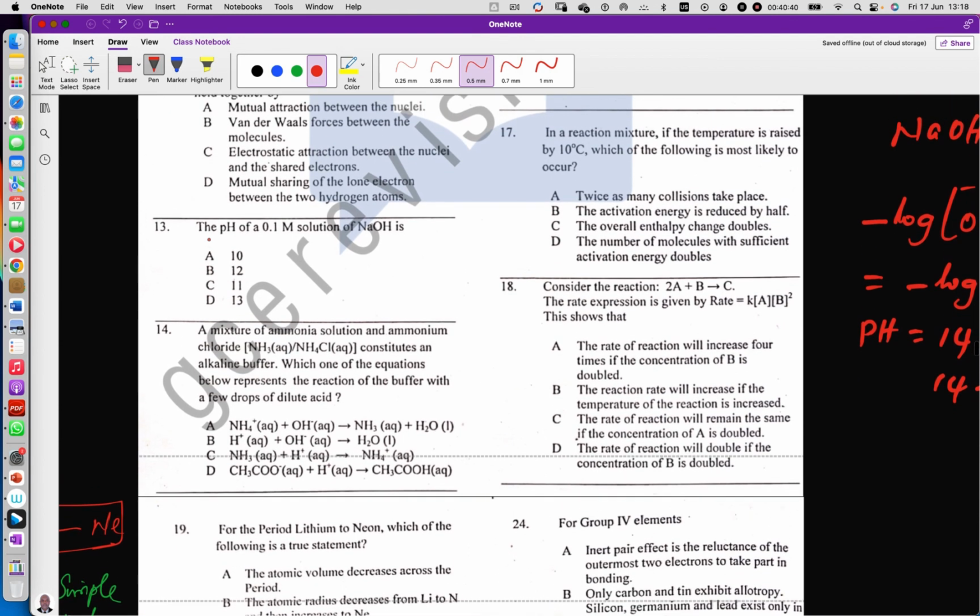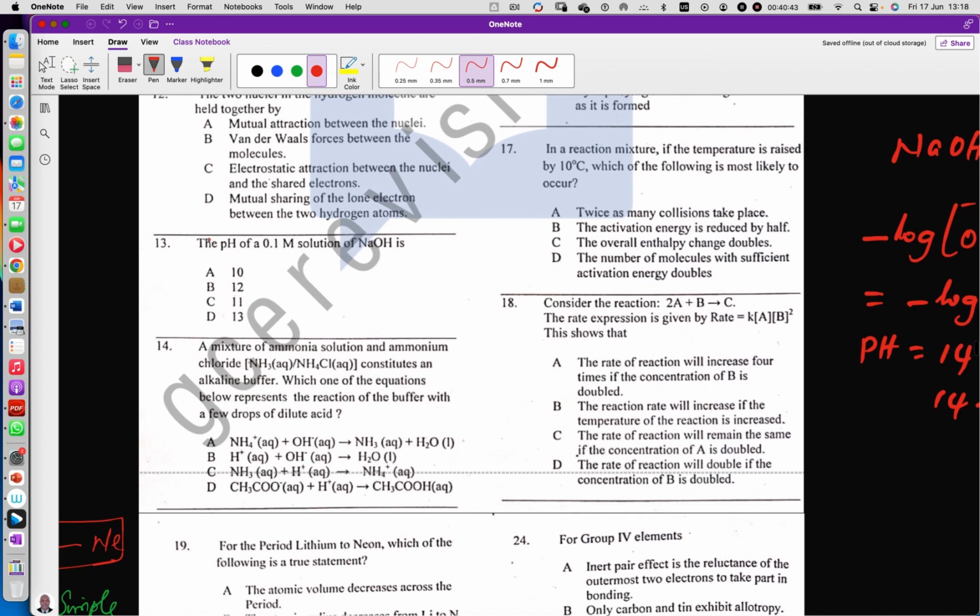We have question number 13. The pH of a 0.1 molar solution of sodium hydroxide is A, 10, B, 12, C, 11, D, 13. Of course, now, what is pH? pH is the negative log of hydrogen ion concentration. But in this case, it is an alkali, not hydrogen.